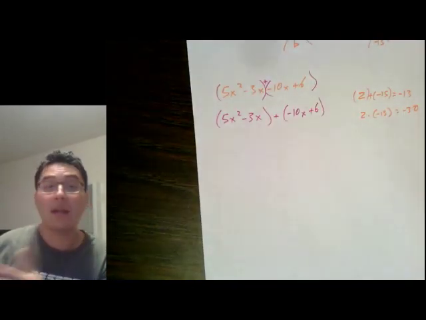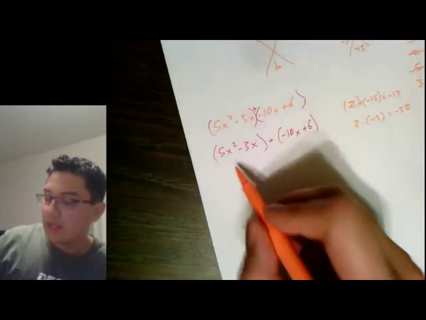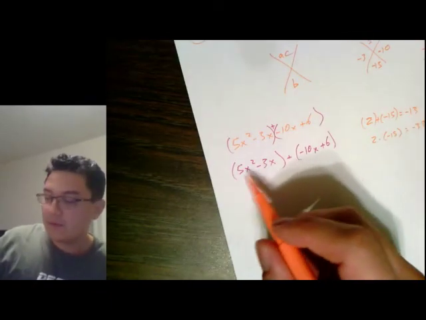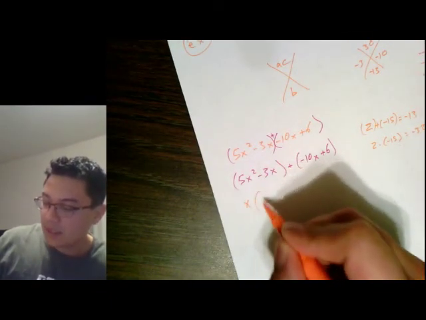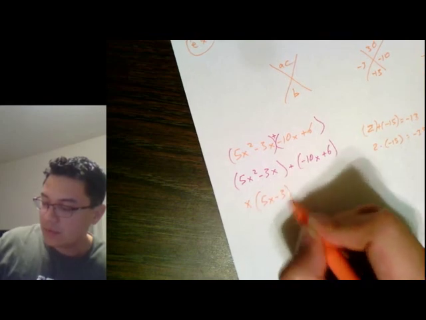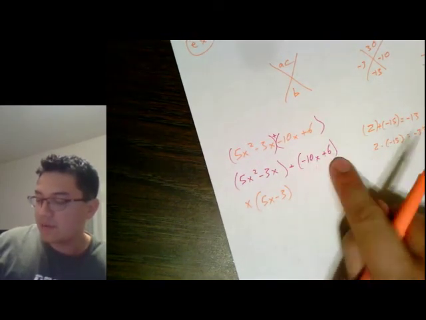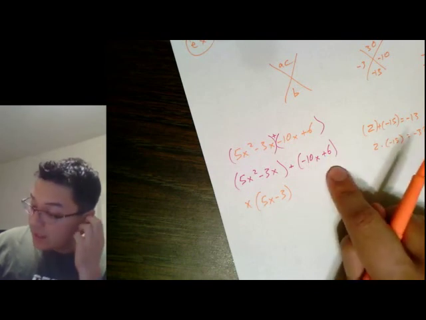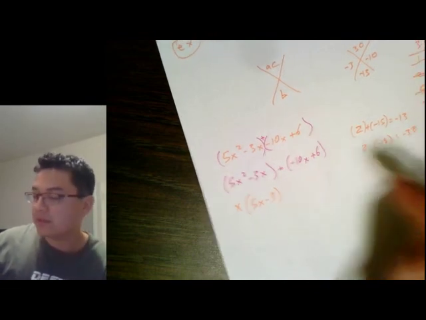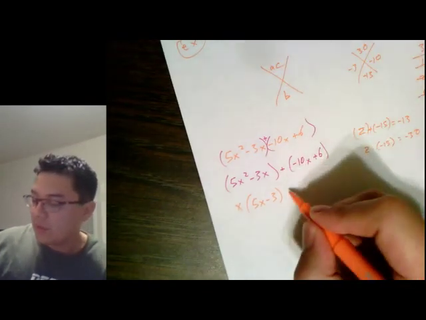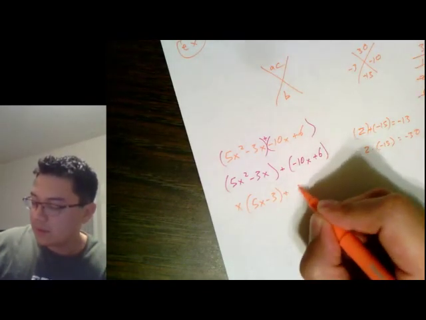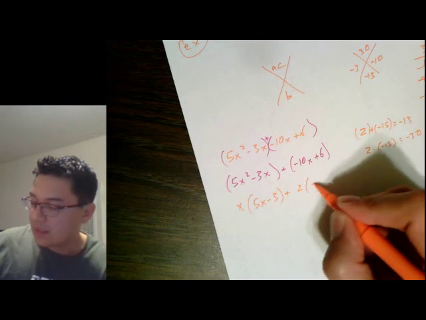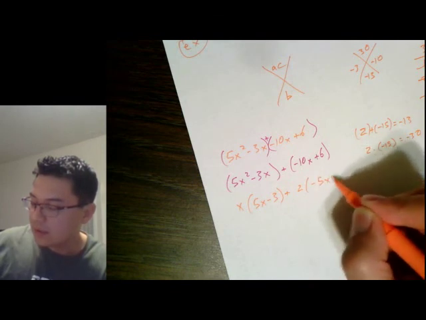All right, now we'll try factoring it. We'll see what happens. So the greatest common factor for the first two terms is going to be x. That leaves me with 5x minus 3. The greatest common factor for these two terms, I can pull a 2 out of everything. Yeah, that looks like the biggest thing I can pull out. If I pull a 2 out, that's going to leave me with a negative 5x plus 3.